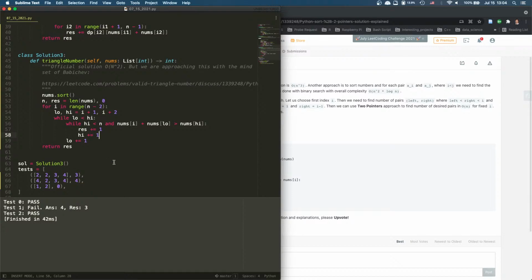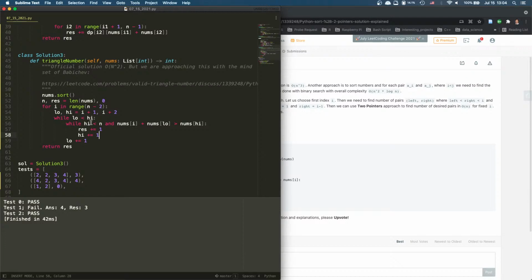So we have 2, 3, 4, 4. So i is going to be 0. This is i, this is low, this is high. While low smaller than high, if high smaller than n, yes, and nums[i] plus nums[low] is larger than nums[high], then res plus 1 and high moves on to the next one.